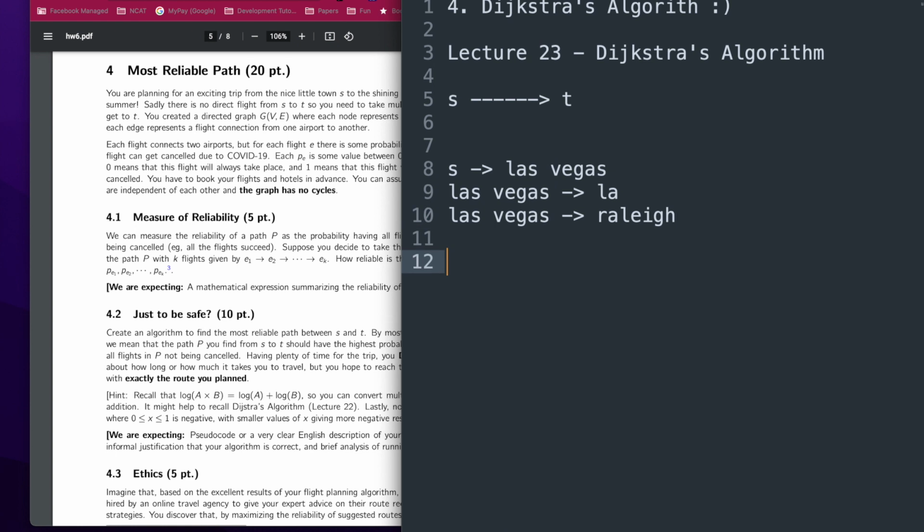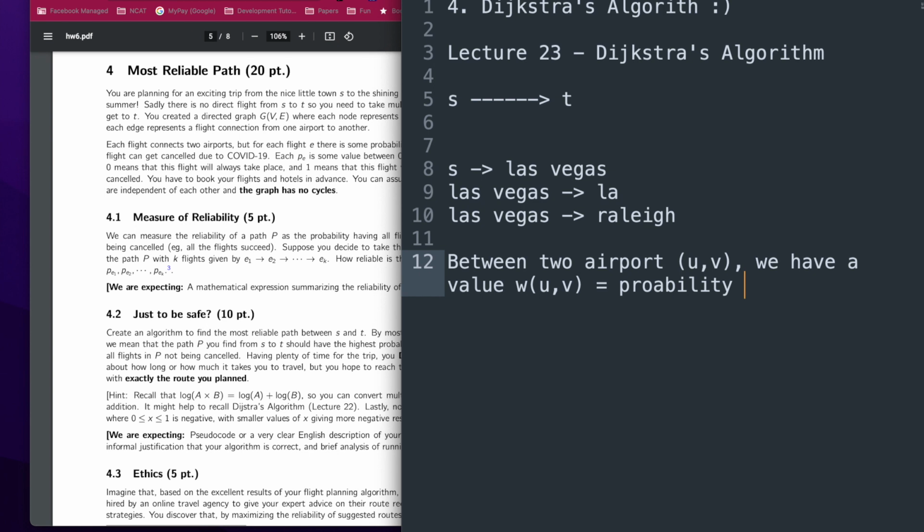So between two airports U and V, we have a value, let's call it the weight of that edge UV, which is equal to the probability that this flight is canceled.